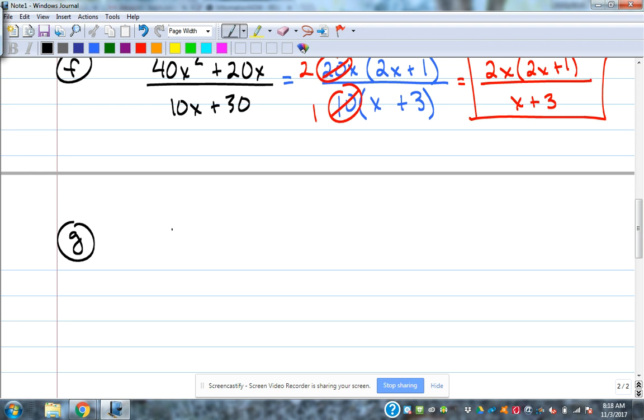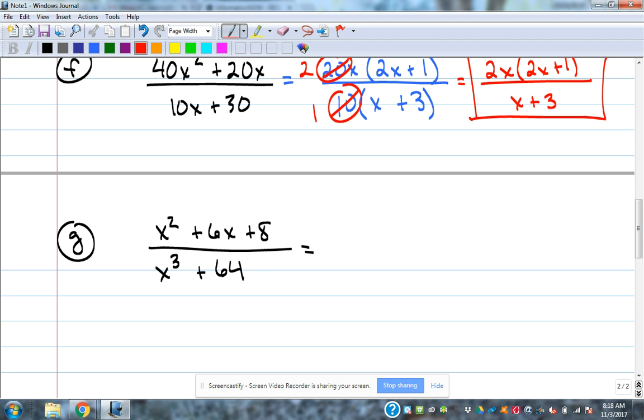Okay. Say we had x squared plus 6x plus 8 over x cubed plus 64. So the numerator, back to the trinomial.